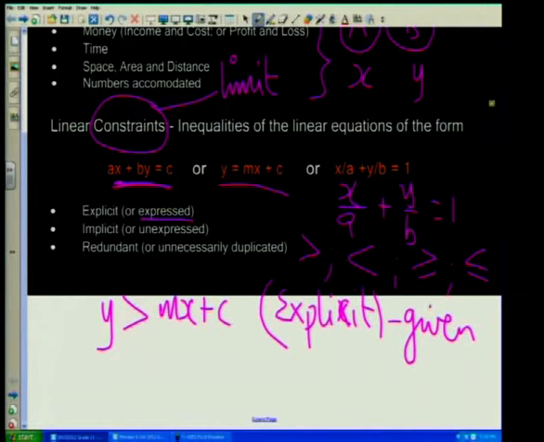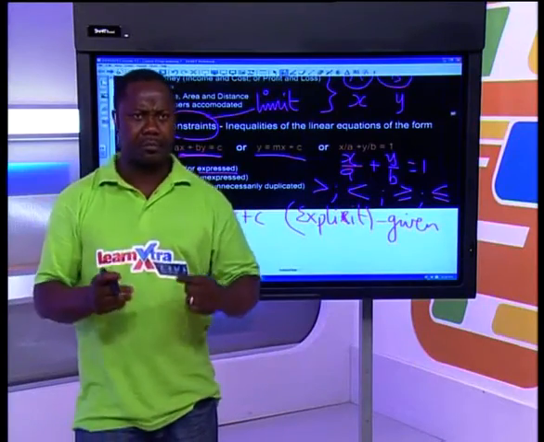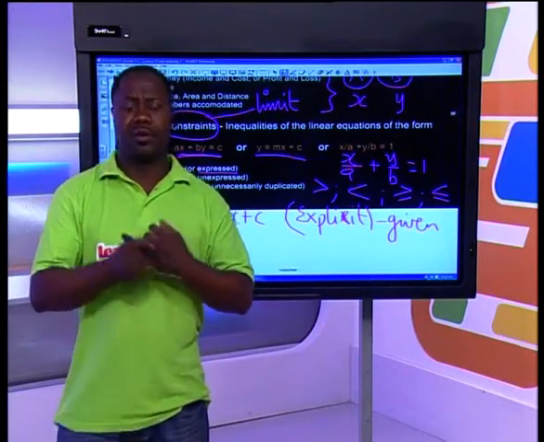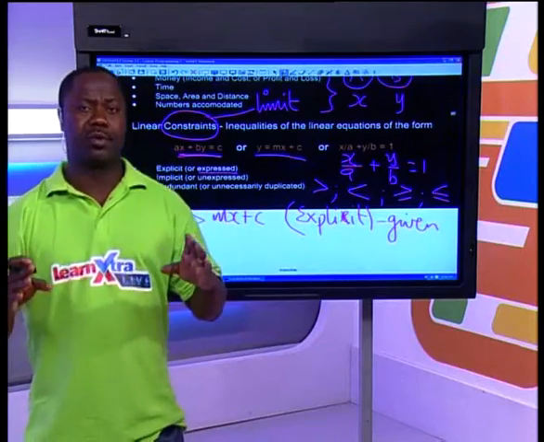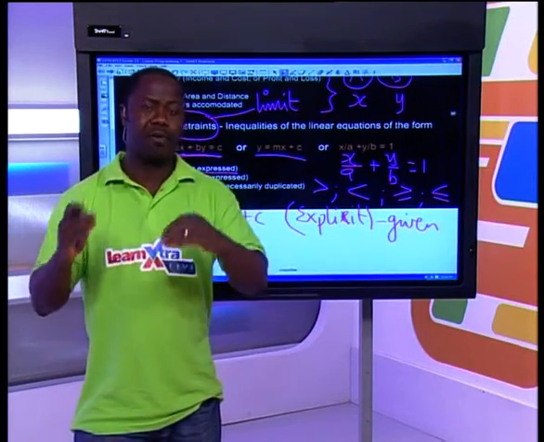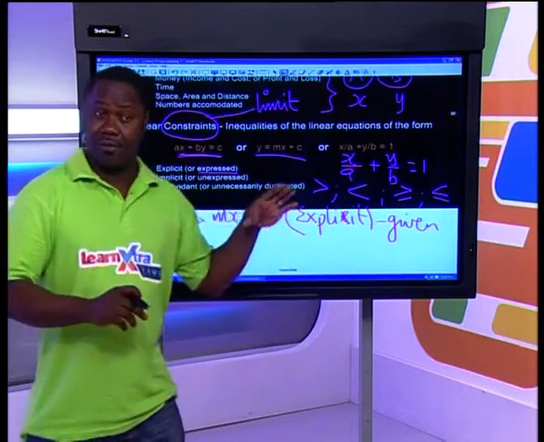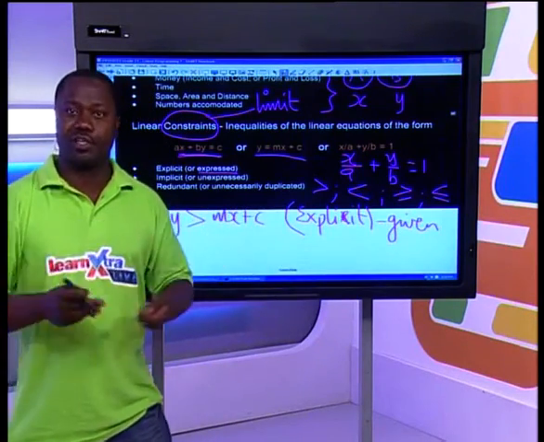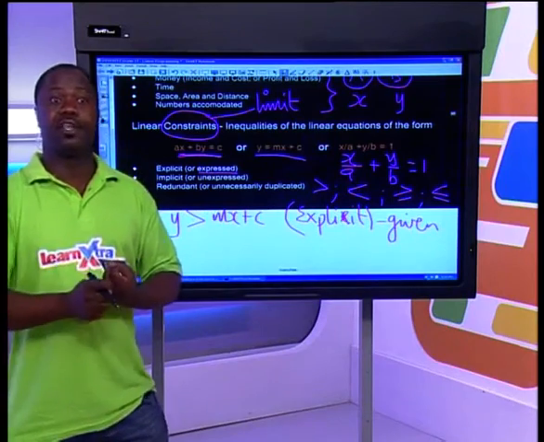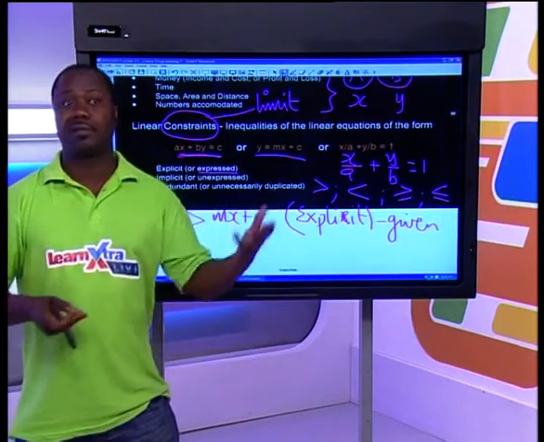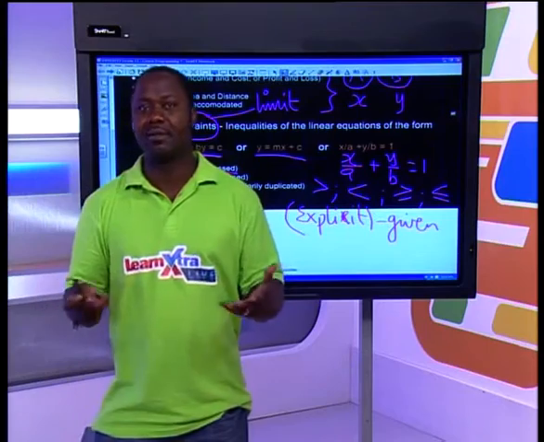Maybe just to run quickly through the kind of information that you can come across. The information that will be given to you, and the task will be to convert information from one form to the other. You will either be given information as a set of equations, for instance. You will be given information as a set of word statements.